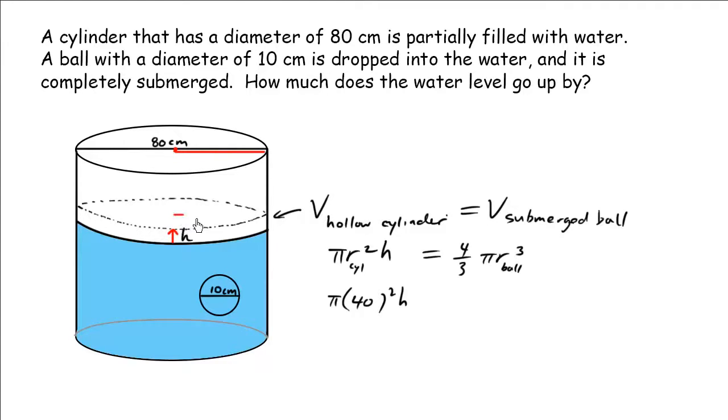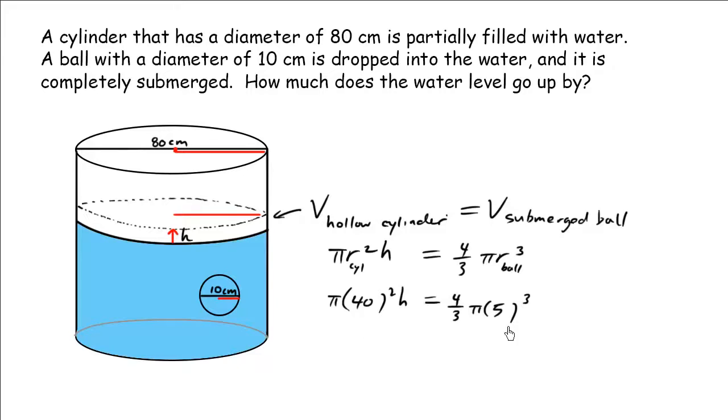This is the radius of this cylinder, is equal to 4/3 pi r cubed, and the r here is the radius of this ball, which happens to be 5.